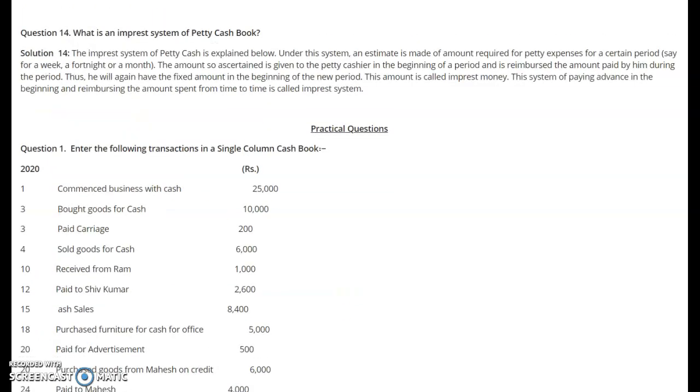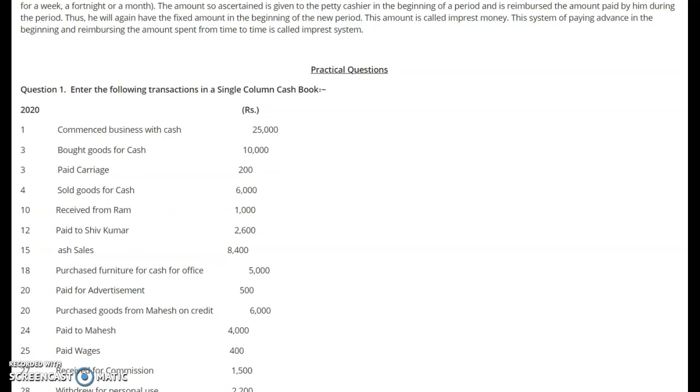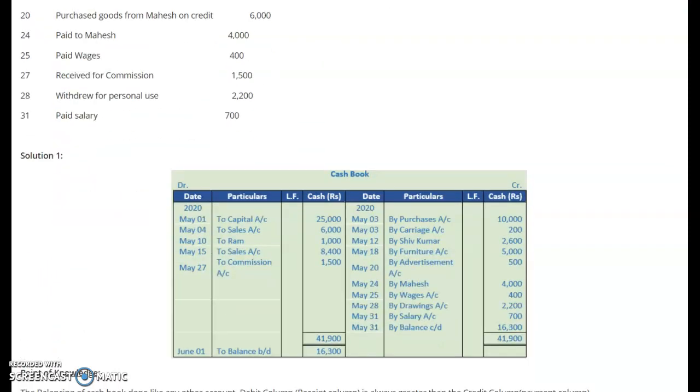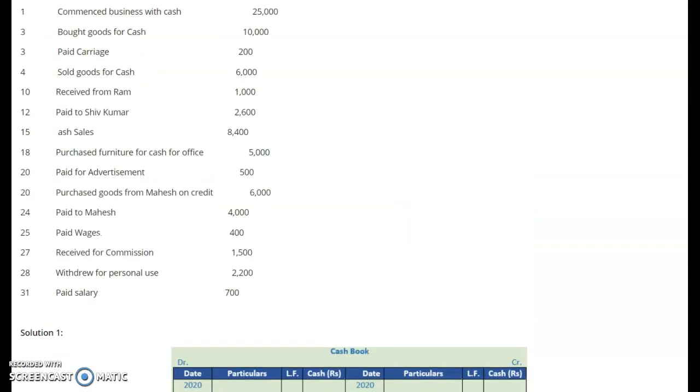Then bought goods for cash, that is the purchases, it is a payment. The journal entry will be purchases account debit to cash. We will write here By Purchases 10,000. Just keep one fundamental principle in mind, that it is a cash book and it records only cash transactions. Only here means only and exclusively cash transactions.